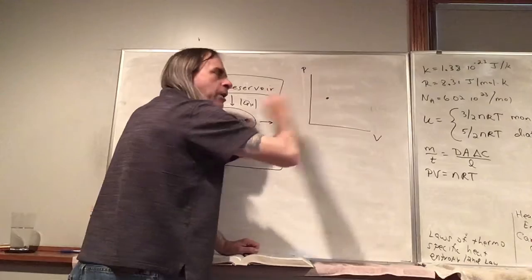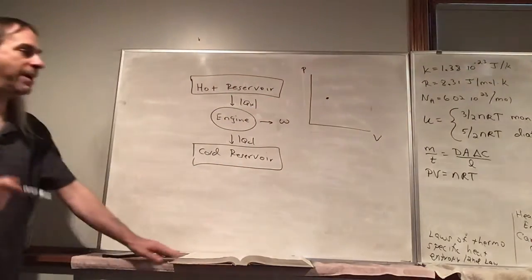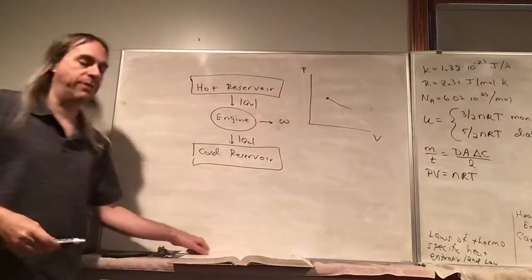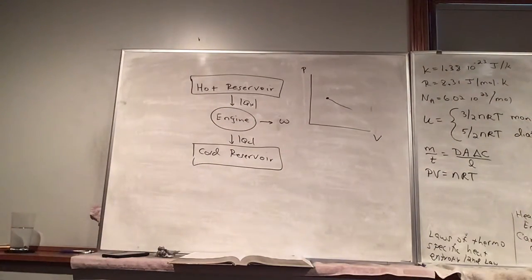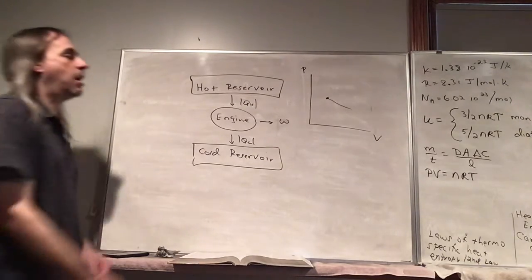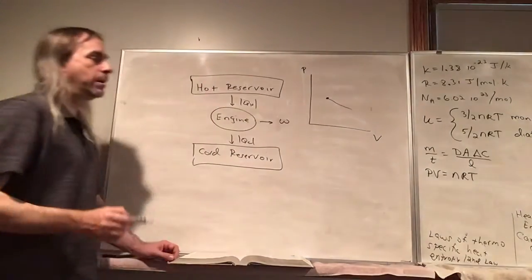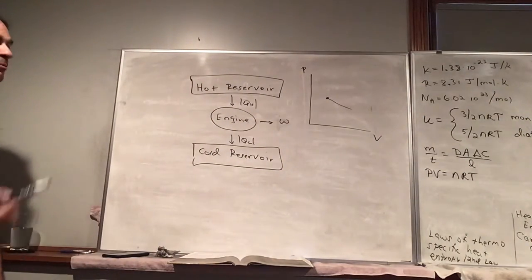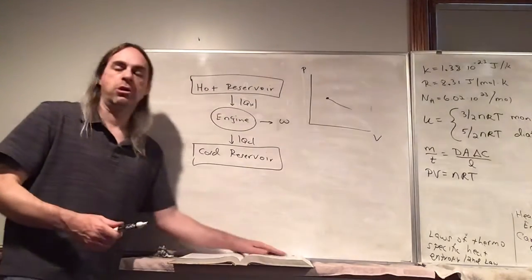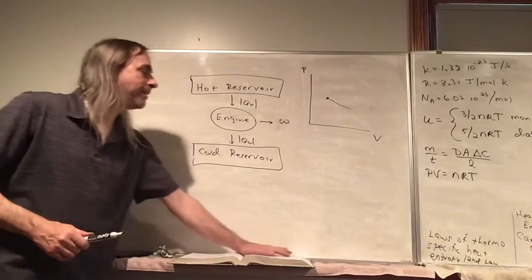In order to do work on the environment, you have to go to the right. That's when the gas is doing work on the environment. But for an engine, it has to be a cyclic process, otherwise you're not going to get too far. So you have to come back to your starting point, which means moving left, where you have to do work on the engine in order to get it back into its initial state.